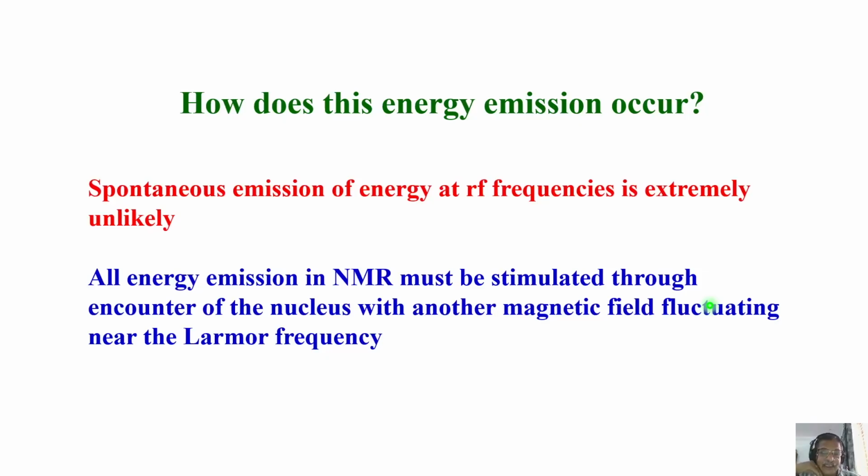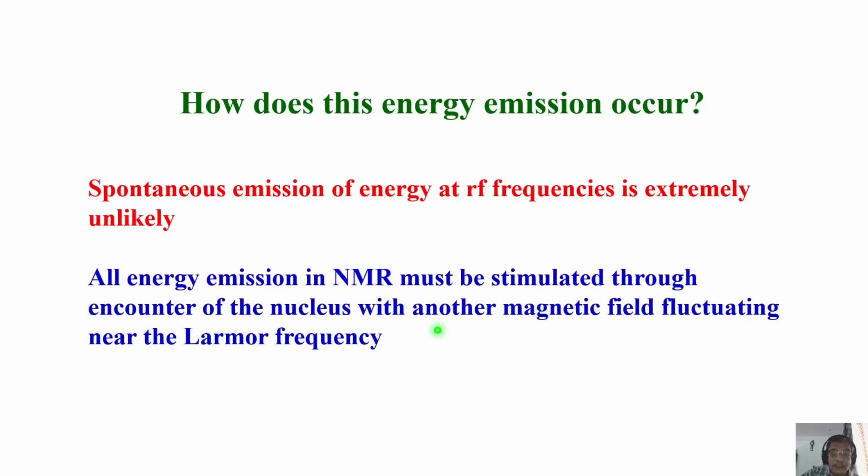The stimulation comes because of the encounter of the nucleus with another fluctuating magnetic field. Where do you get that fluctuating magnetic field? It comes because of molecular motions. See, the molecule keeps oscillating, keeps rotating, it's changing its state, and it undergoes fluctuation.